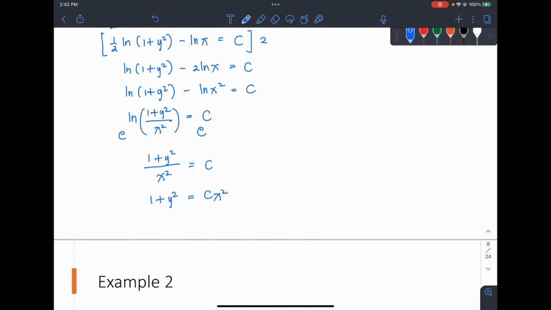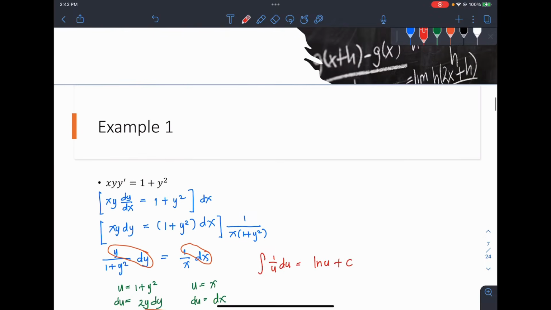So we transpose x squared to the right hand side, and thus for the final answer, 1 plus y squared is equal to c x squared. And that is our first example.